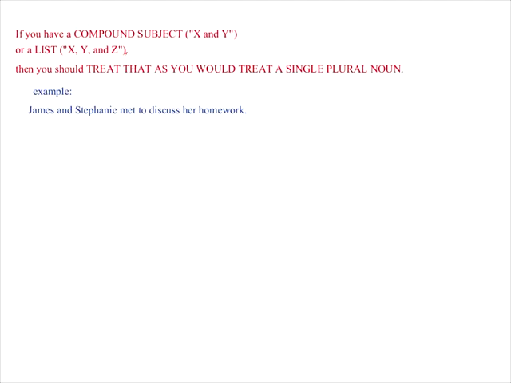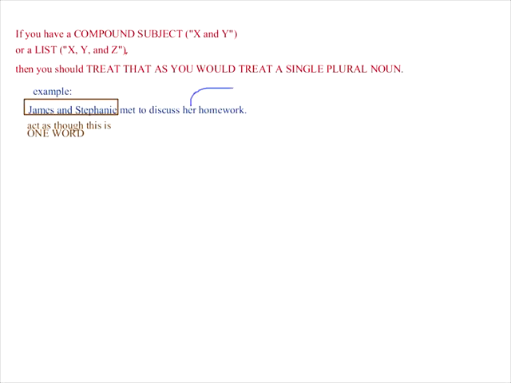This is a compound noun. So if you say James and Stephanie, you got to treat this like a single word. Okay, you should act as though this is one word. So this is every bit as wrong as pulling like 4 letters out of an 8-letter word.